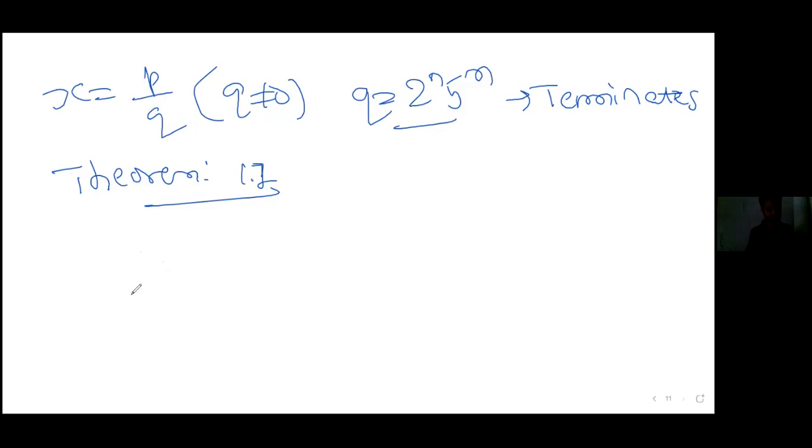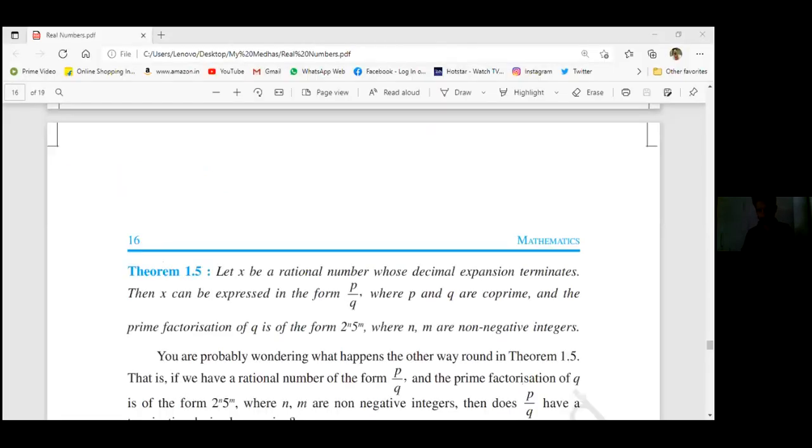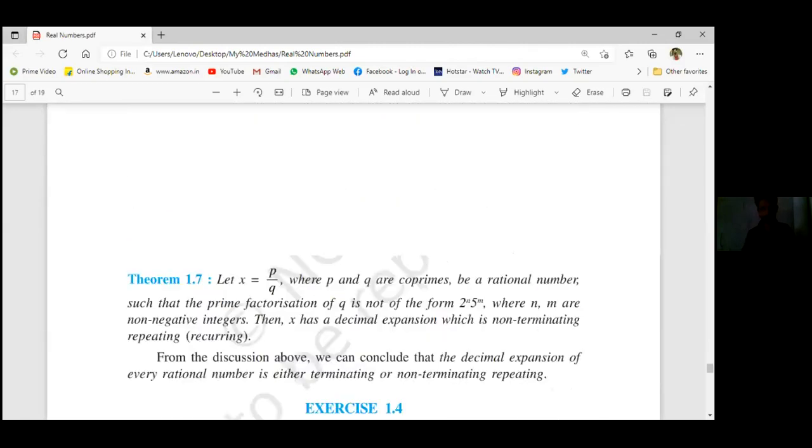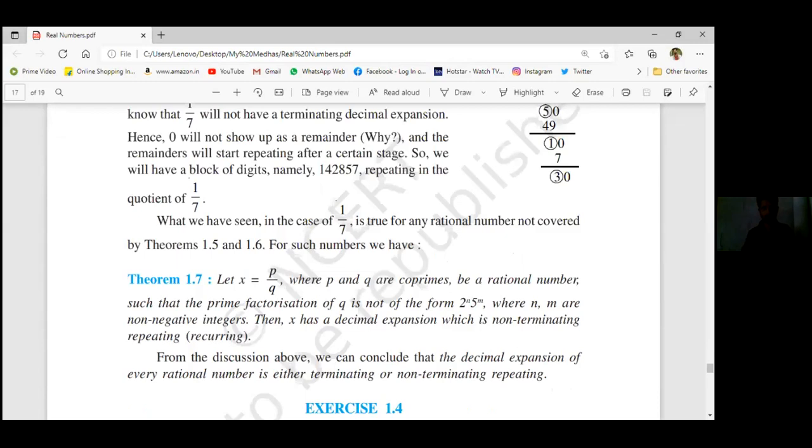Then x has a decimal expansion which is non-terminating, repeating.